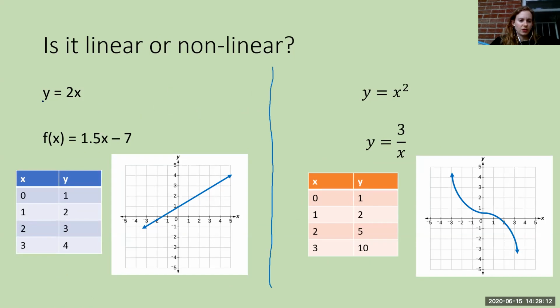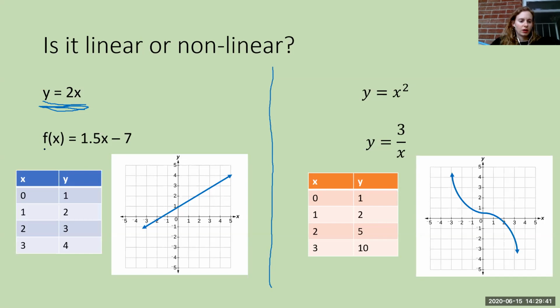When I look at the first equation here, I know this is a linear function because it doesn't have any of that crazy stuff going on with the variables. I don't see any exponents or roots on the variables, and none of the variables are in the denominator of a fraction. That input variable x is not in the denominator of a fraction, so I know that's a linear equation.